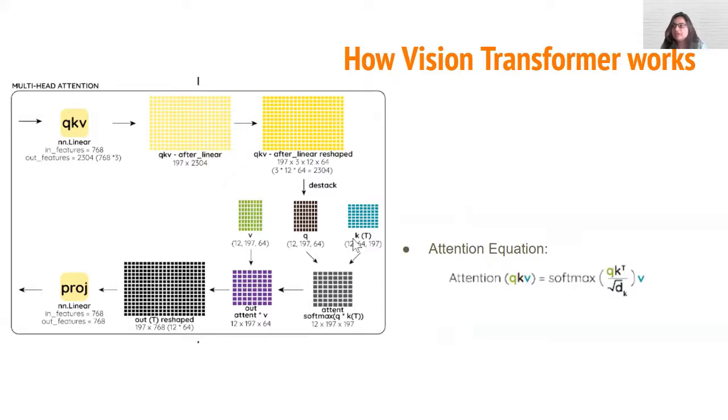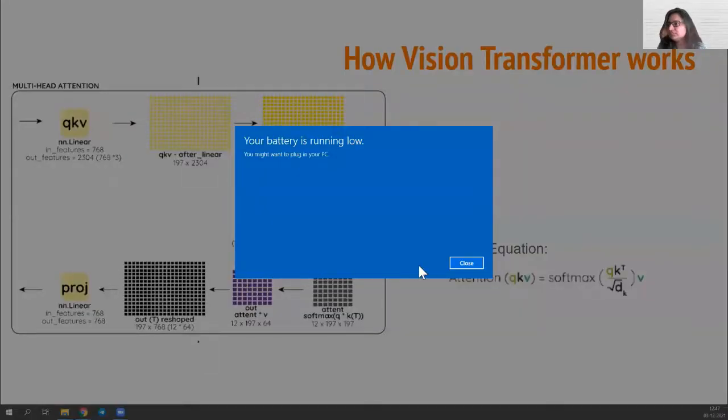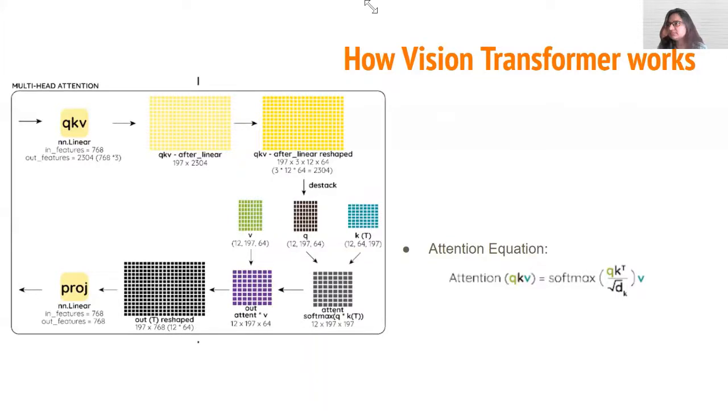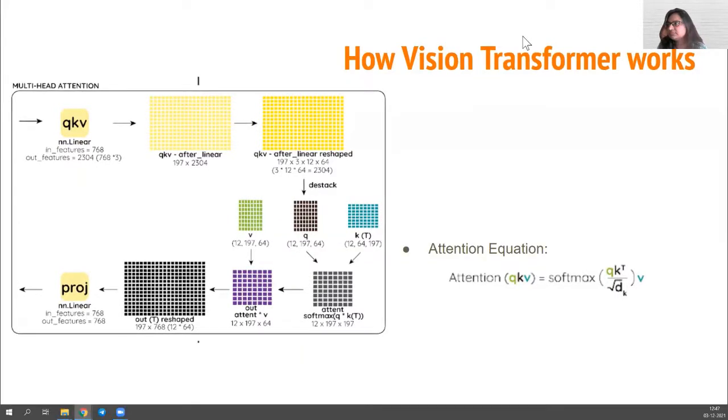Again, if you look over here, we transpose the key, multiply it with the query, do a softmax on the output, multiply the output with the value, and then this value multiplication gives you the output. It goes through another linear layer, and the output of this multi-head attention is the same as the input, which was 197 by 768.